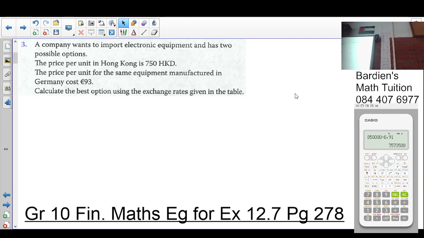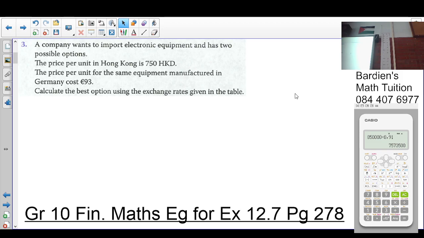So what we need to do is get it in the same currency to do comparison. Because 1,000 Zim dollars is not stronger than 100 rand. You understand? So we have to have it in the same currency for us to do comparison.